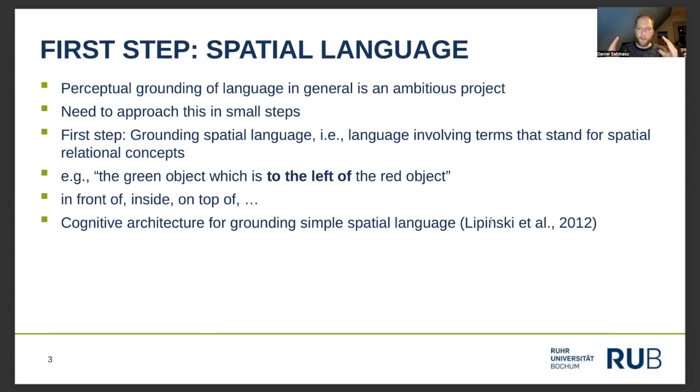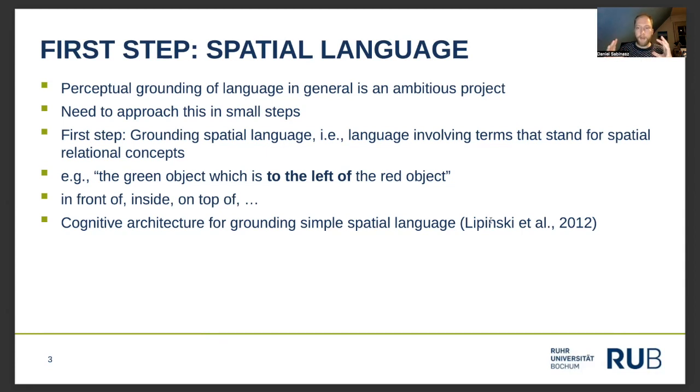So the evolution essentially reused those existing representations and circuits and built on top of that in order to enable communication through language.